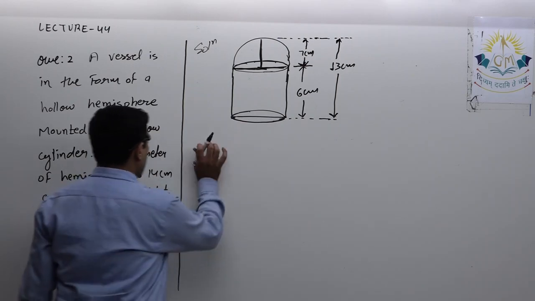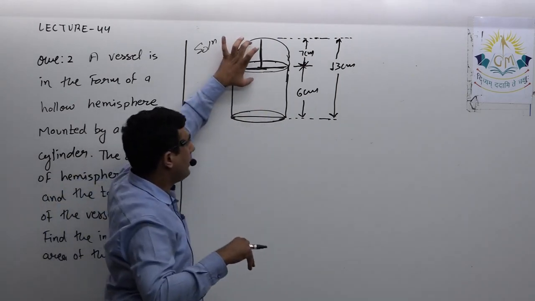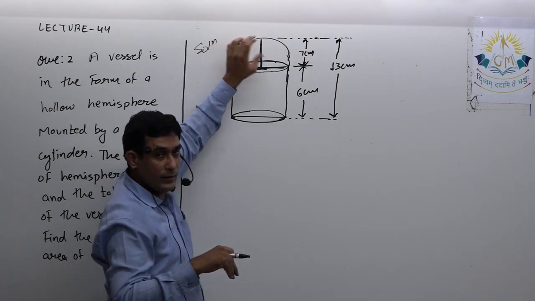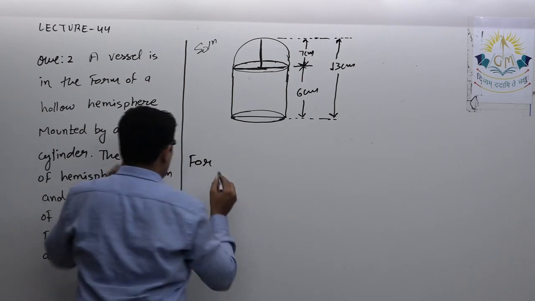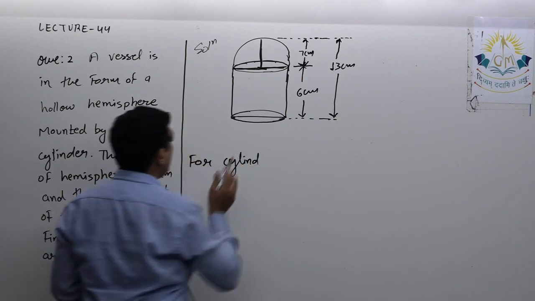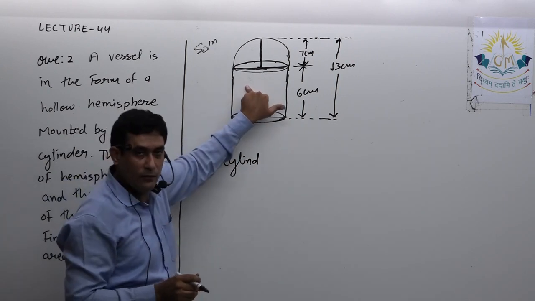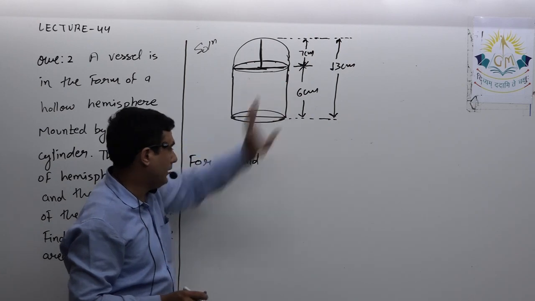So let us start. First we'll describe what dimensions are required for the cylinder and the hemisphere. Actually the radius is same for the cylinder as well as for the hemisphere, and for the cylinder the height is 6.